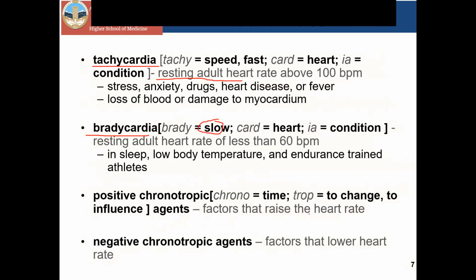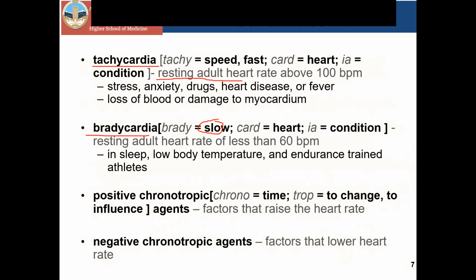Guys, we need to continue. We are only on the 7th slide, and you will read these topics in the book and understand more deeply. Next, tachycardia. This is important, guys.